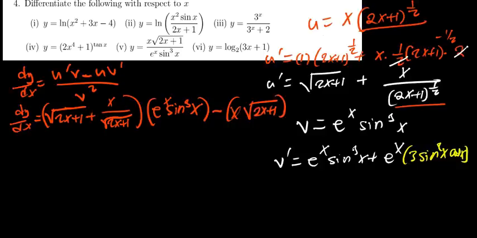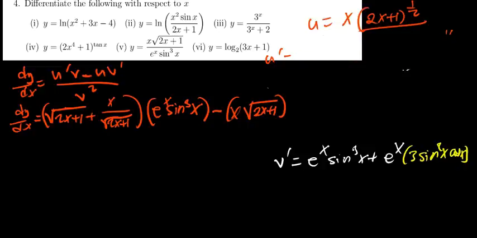Now we go to v prime. What is v prime? V prime is e raised to the power x, then sine like that, plus e raised to the power x, and now allow me to put 3 here.